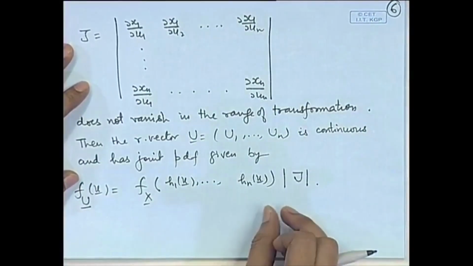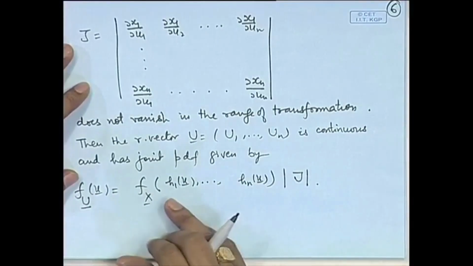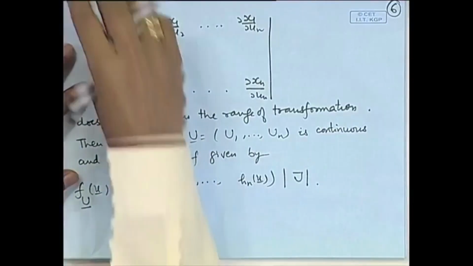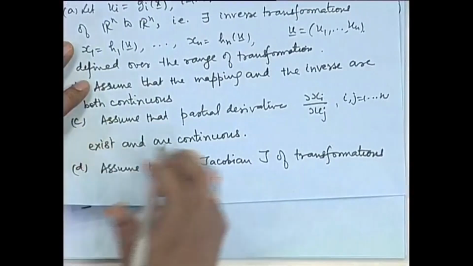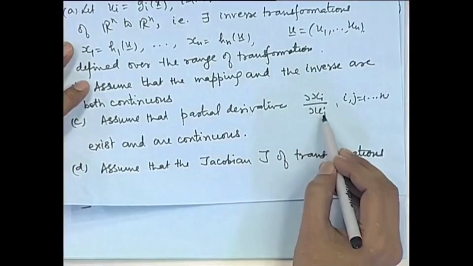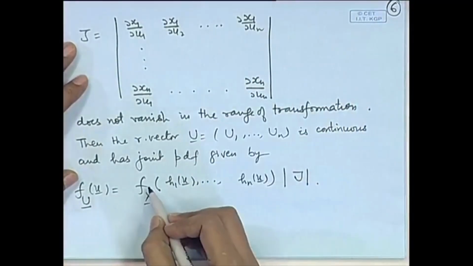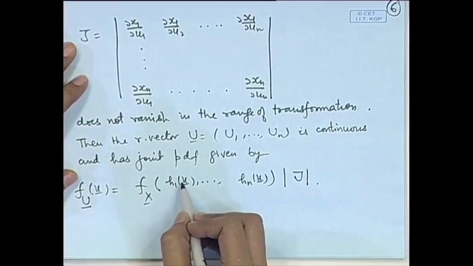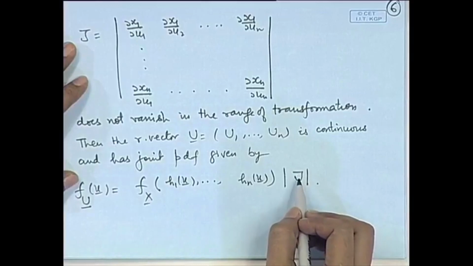If you see it carefully, it is a straightforward generalization of the result for the one dimensional case. There, we considered a 1-to-1 transformation and looked at the dx/dy term. The density of the transformed variable was the density evaluated at x equal to g inverse of y, multiplied by the absolute value of dx/dy.